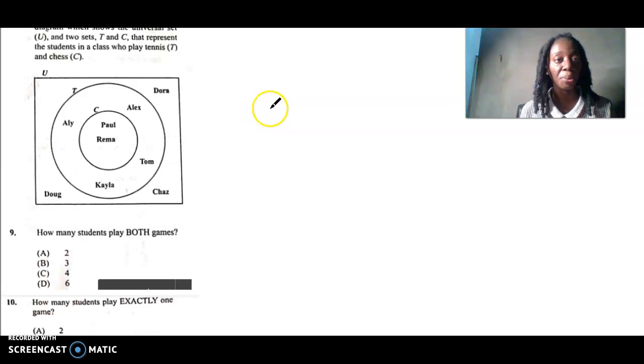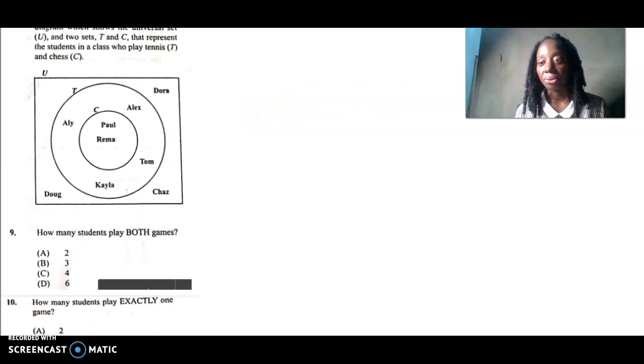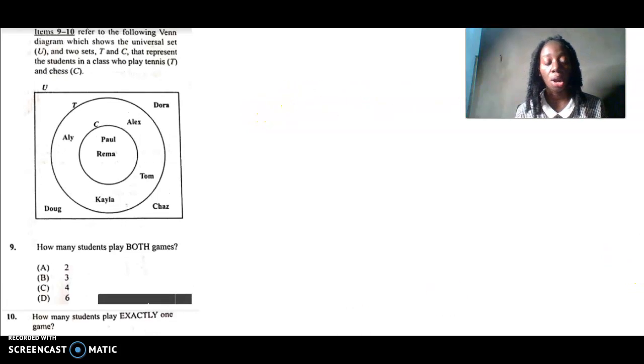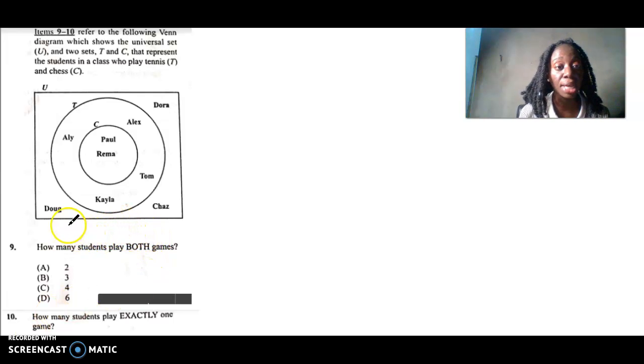From this Venn diagram, it's very evident that Doug, Chaz, and Dora play neither tennis nor chess. Ali, Alex, Tom, and Kayla play tennis only. However, Paul and Rima play both chess and tennis. So this is what the Venn diagram is basically explaining to us.